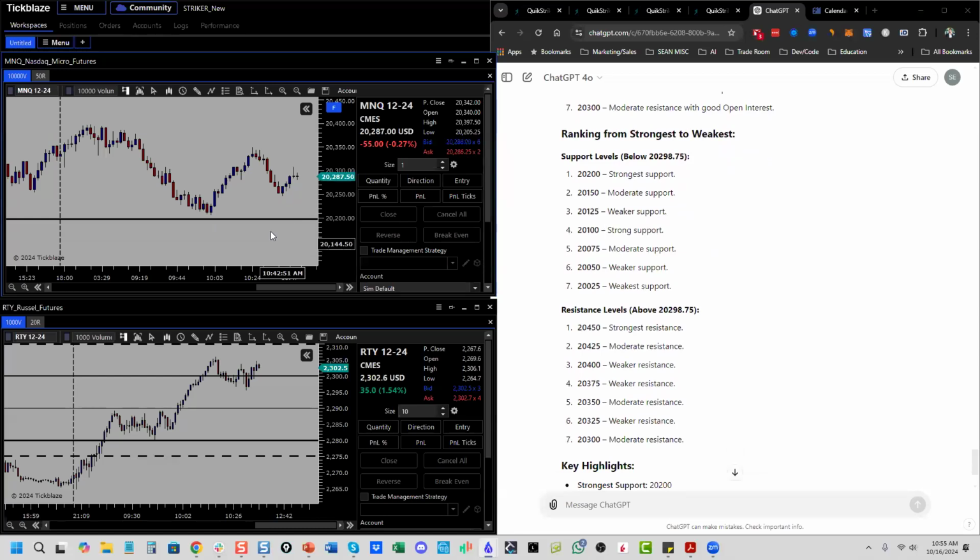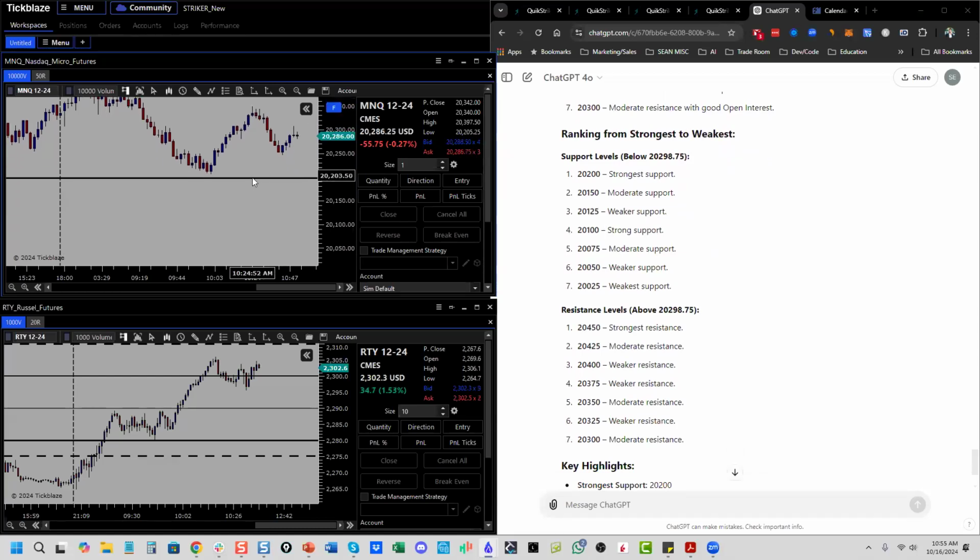$21.50. Strong support is at 2100. And that's the three strong ones.